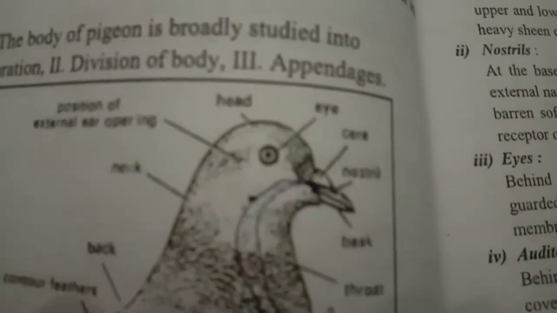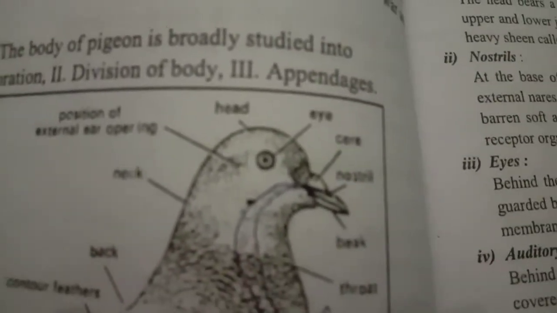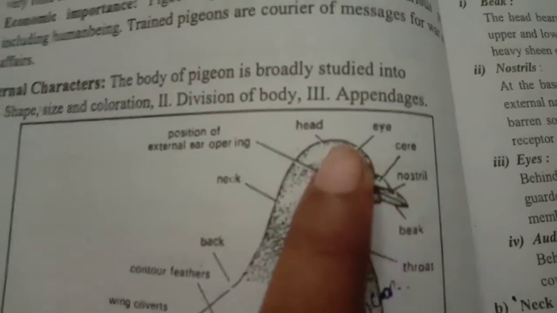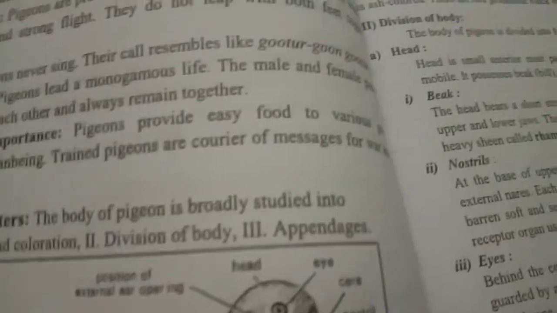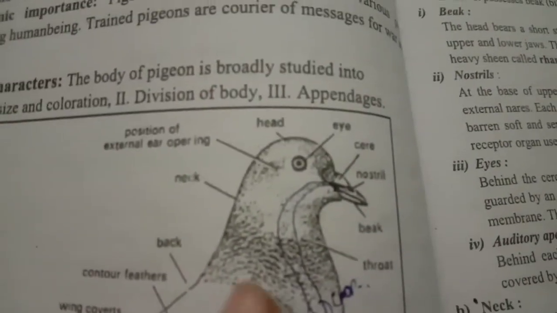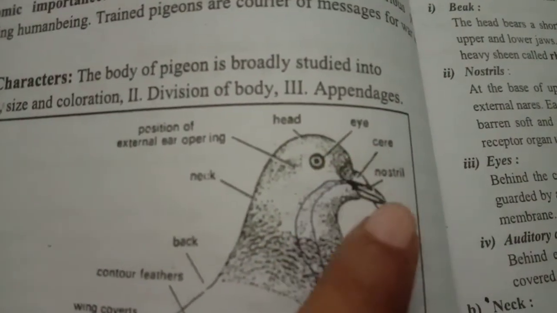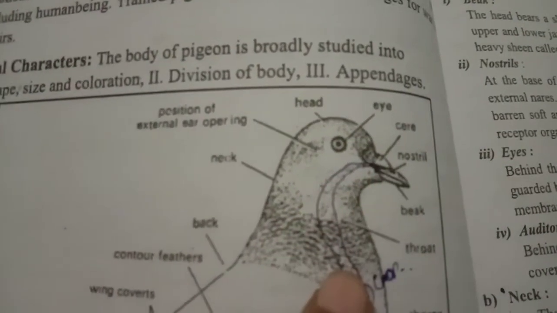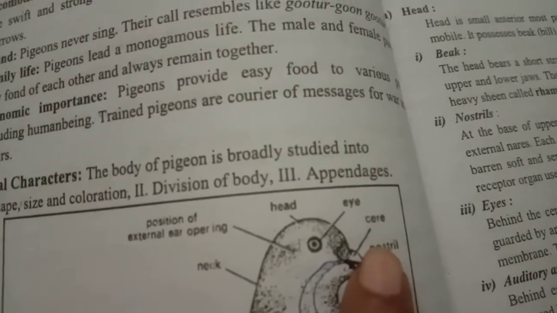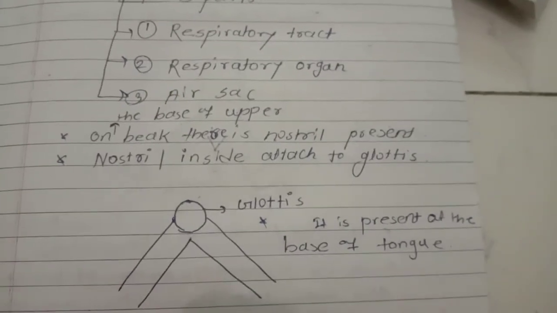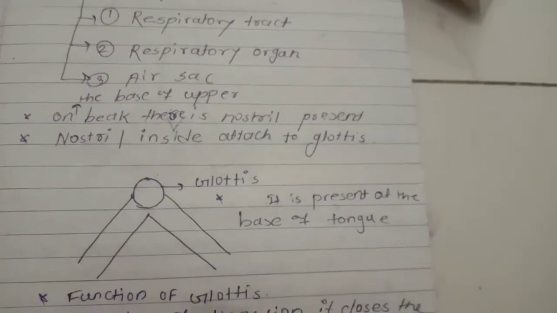You can see the beak, there is a nostril present and it is attached with the glottis. So this is the nostril. On the beak there is a nostril present and nostril inside is attached to the glottis.